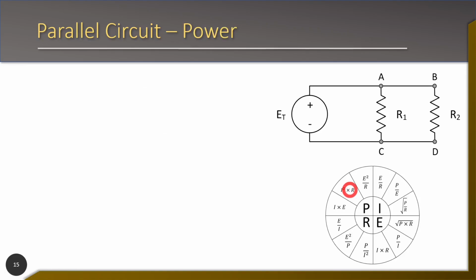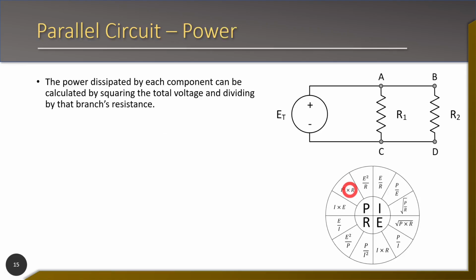Okay, let's look at power as it applies to our parallel circuit. The power dissipated by each component can be calculated by squaring the total voltage and dividing by the branch resistance. Total voltage is going to be the same across all the components, and then the branch's resistance will give us the power in that branch.